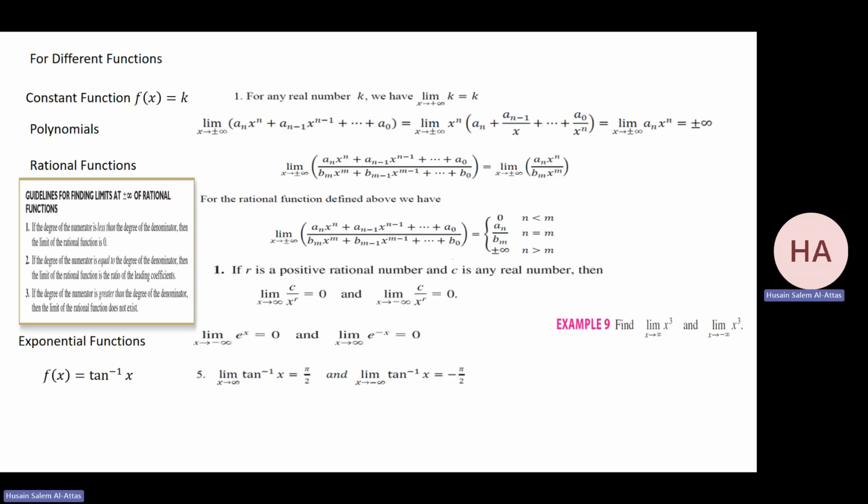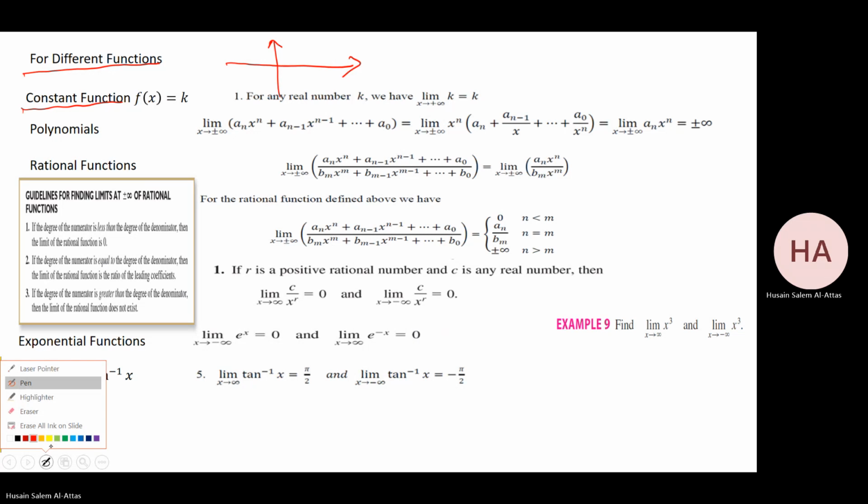Now I will try to explain that through different functions. I hope I can explain it in this small video. Constant function. What do you mean by constant function? Assume I have f of x equals k.